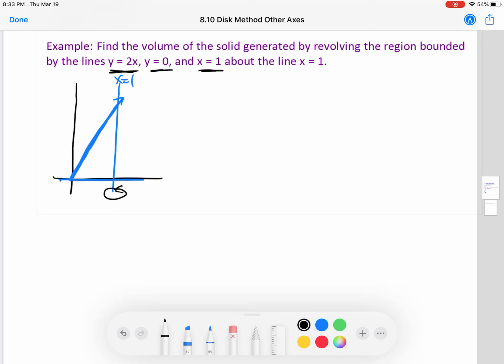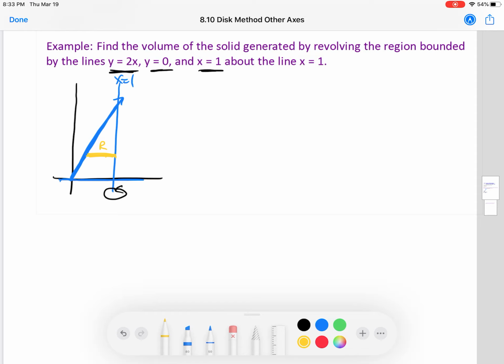So that's a good way of checking your answer when you're done in this case. Our radius, remember, is always taken perpendicular to the axis of rotation. That x equals 1 line is our axis of rotation, and we have that radius right in there that I just drew in yellow.